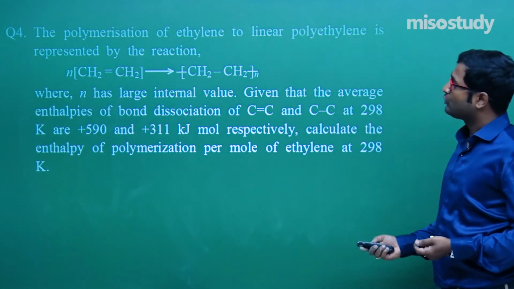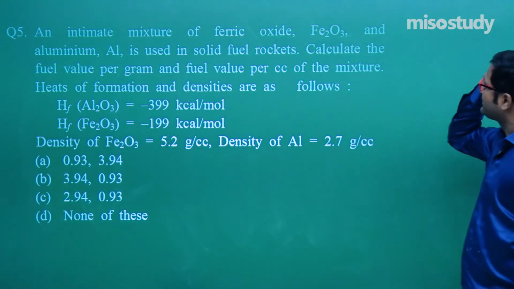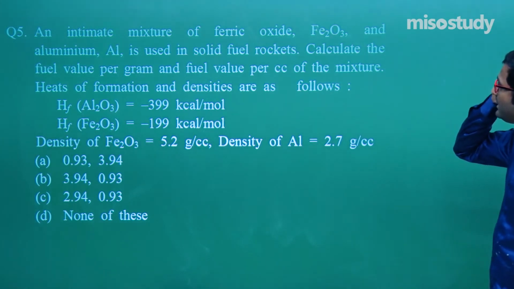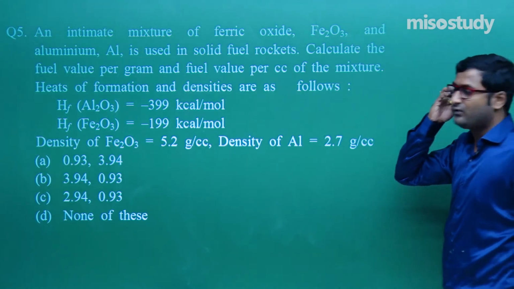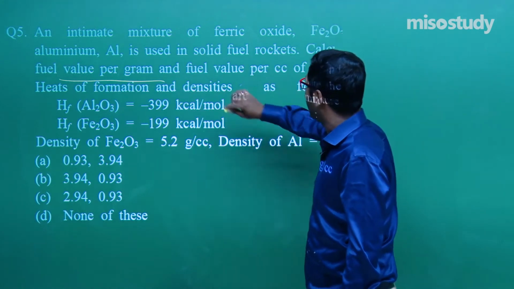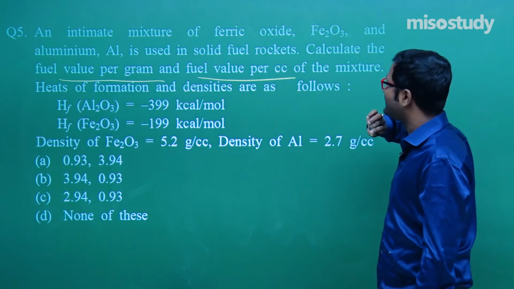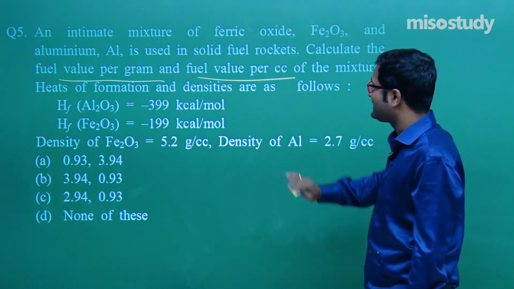Now, question number 5. An intimate mixture of ferric oxide and aluminum is used in solid fuel rocket. Calculate the fuel value per gram and fuel value per cc of the mixture. Heat of formation and densities are given.